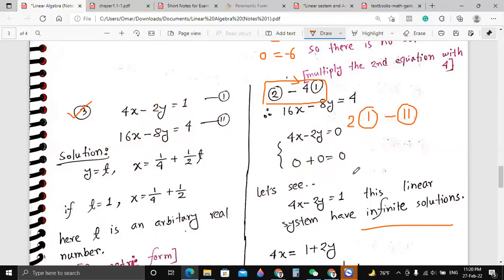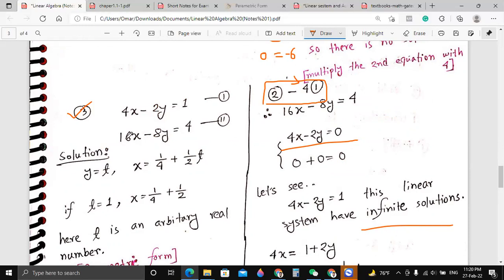And how can we get this line? 4x minus 2y equal to 0. Okay, I got it.